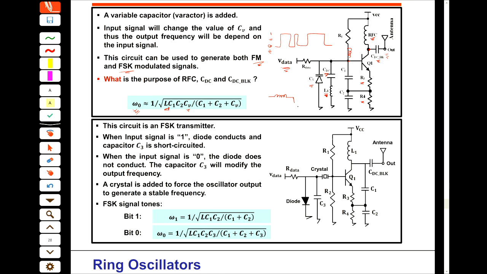Are C1, C2 and L1 forming a Colpitts? All of them, all three of them actually. So CV, C1, C2, and L1.